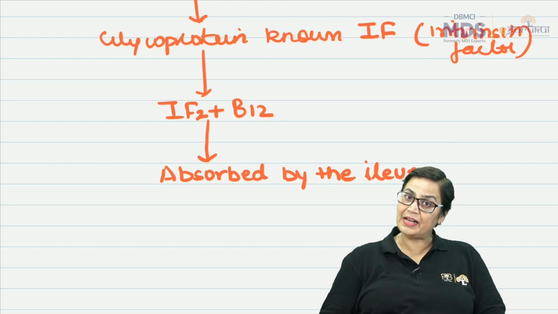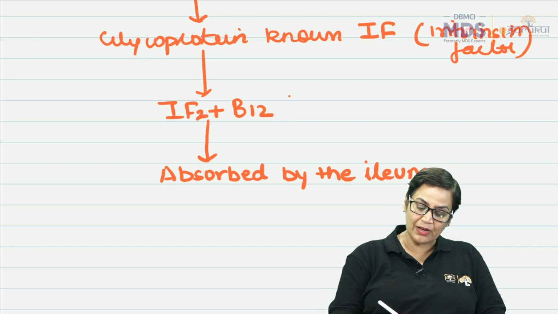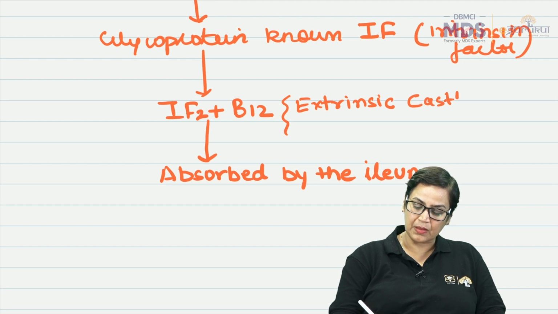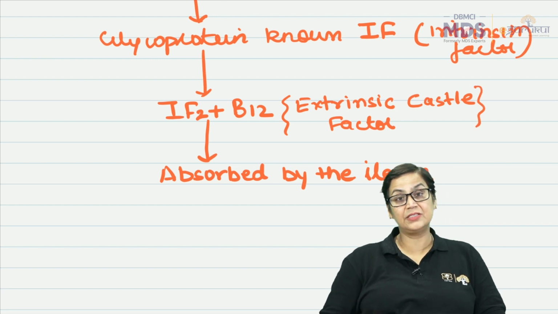Intrinsic factor is responsible for this, and B12 is also known as the extrinsic factor of Castle. This is very important.